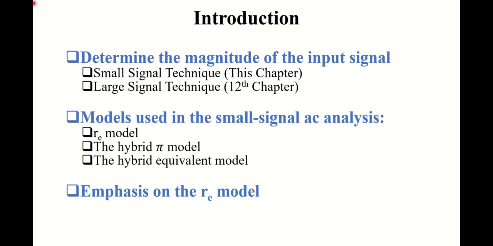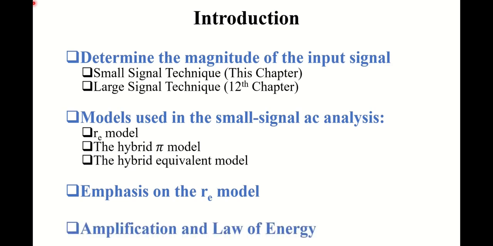We discussed in chapter number 3 that the transistors can be used for the purpose of amplification. Simply by amplification we mean that the magnitude of input AC signal increases after passing through the BJT, or in other words, the power of output signal is more than the power of input signal after amplification.